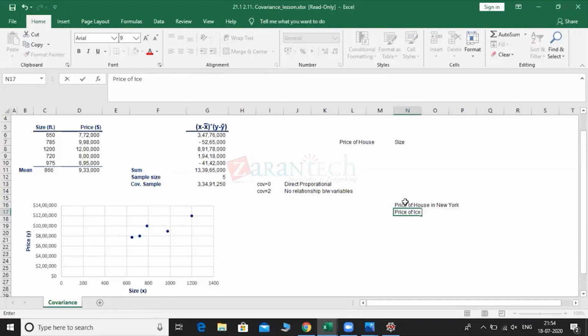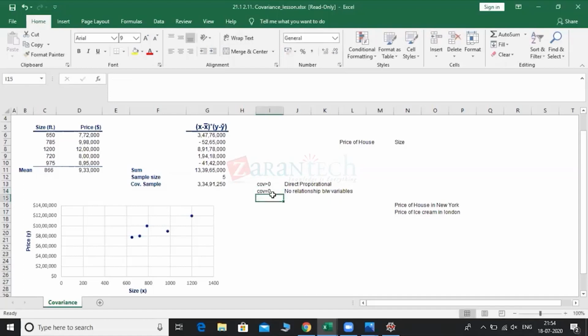Generally, if you look at it, there is no direct relationship between these two things as far as practicality is concerned, right? So for them the covariance would be very close to zero, because there is no direct relationship between these two variables. This is what it will be if covariance is equal to zero.